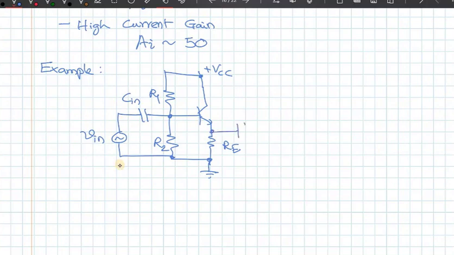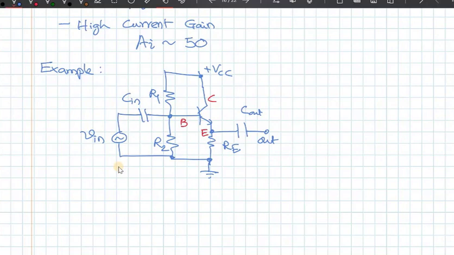So the emitter resistance is the load, and you take the output from the emitter. This is the base, emitter, and collector.